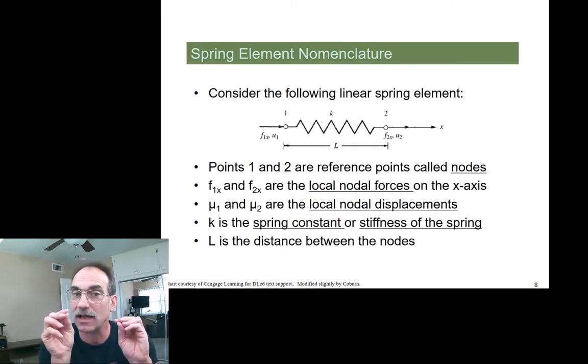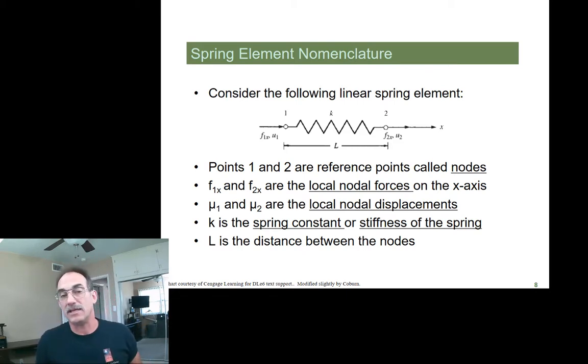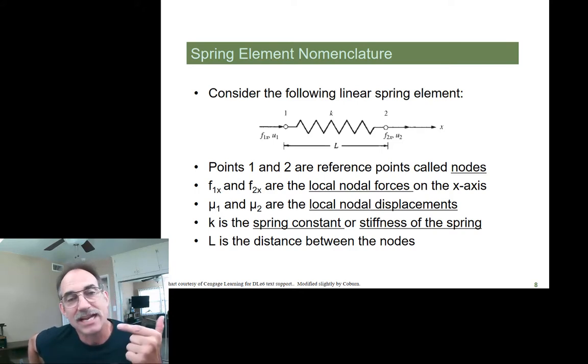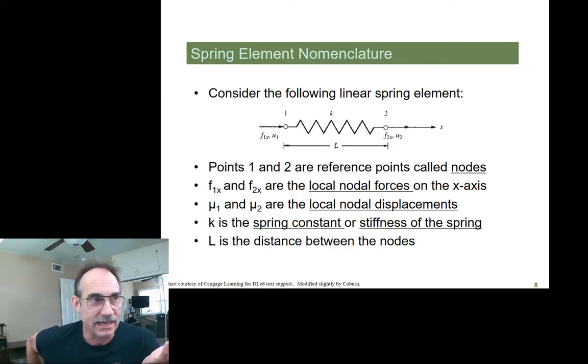This is a simple but critical element to understanding what we're going to be doing. So at node 1, we have a force in the x from element 1, and at node 2, we have a force in the x from element 1 again.